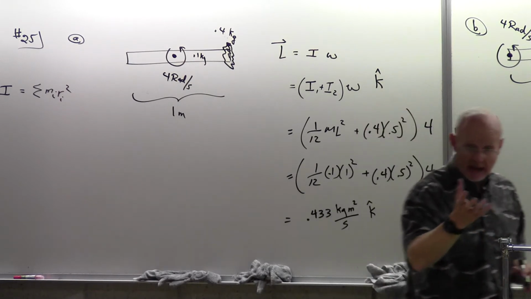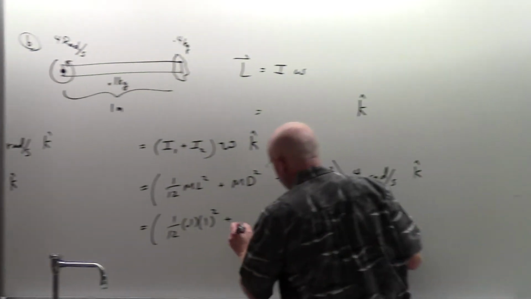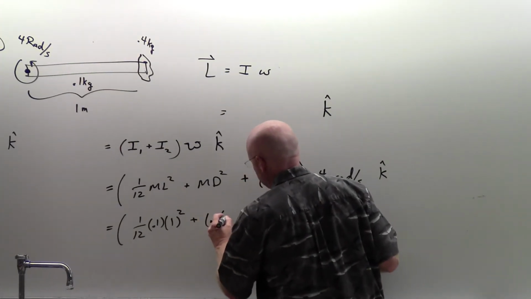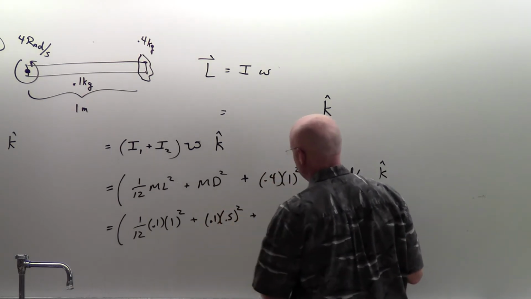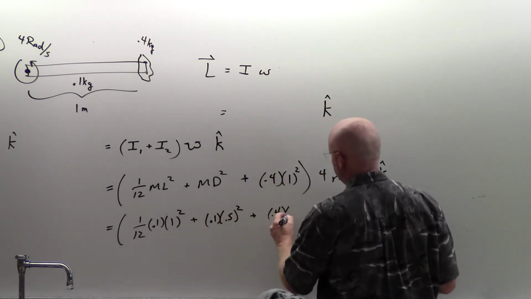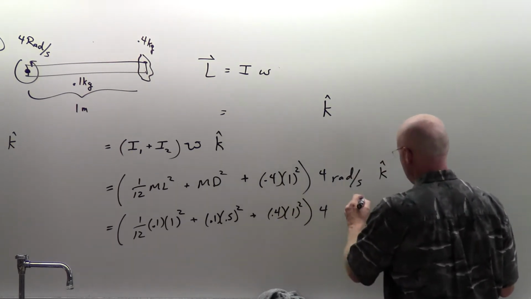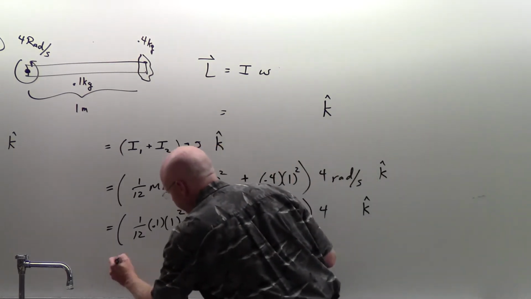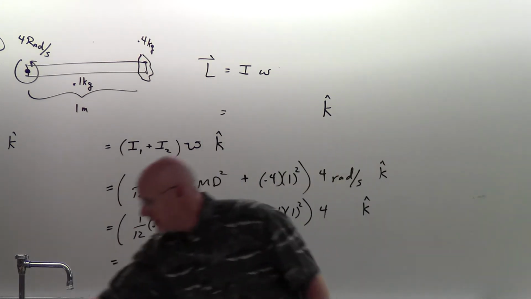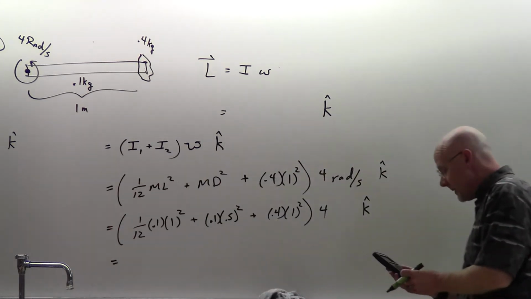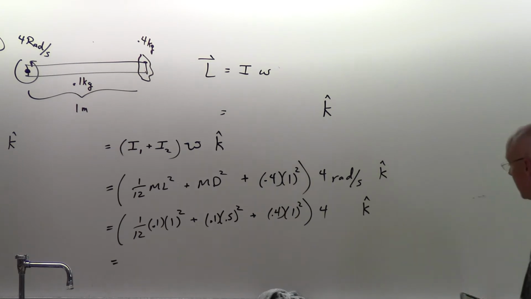And in my case, it's a half a meter off of center. So it would be a 0.1 times 0.5 squared. And then I have a 0.4 and a 1 squared, and then times a 4, and then a k hat. And so that's the difference between step A and step B, is really where it is rotating. And of course, you're going to get a different angular momentum.